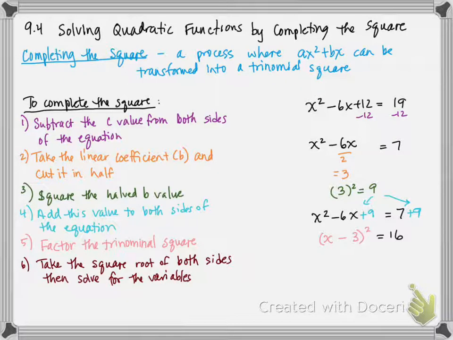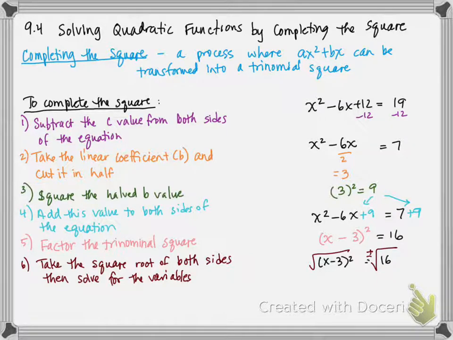So remember, we're going to take this: x minus 3 squared equals 16. We take the square root of the left side. We need to put plus or minus in front of the other side because I just took the square root of a variable, and I don't know whether it's the positive or the negative version.